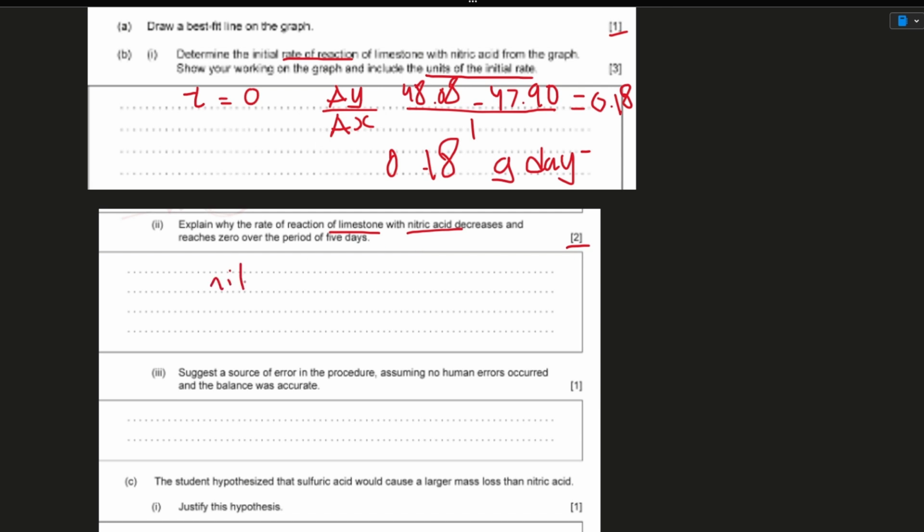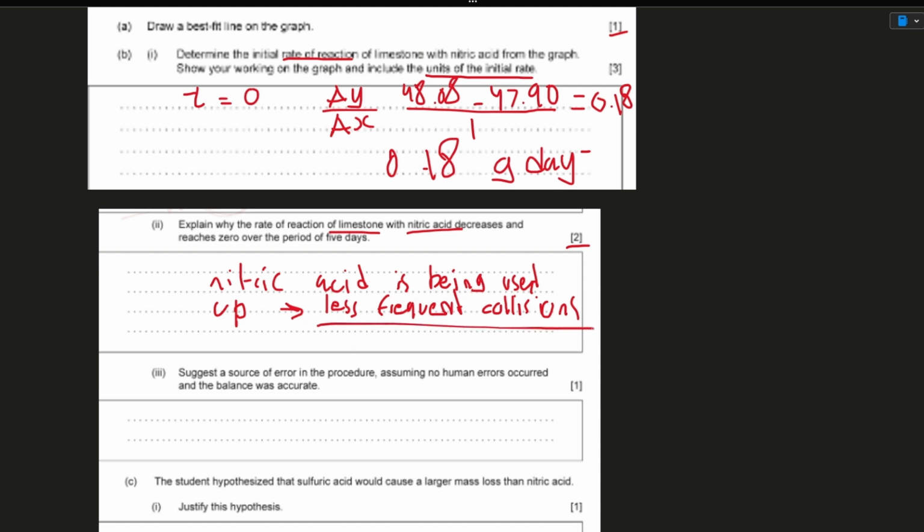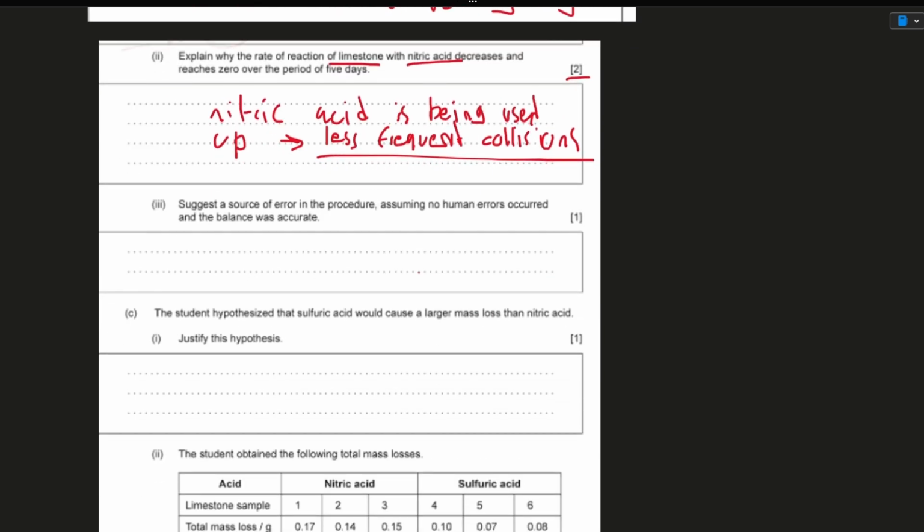So you can say nitric acid is being used up, which also means it's the limiting reactant, which therefore leads to less frequent collisions, obviously. Anytime there's a question with 2 marks that you seem to struggle in, go on and write less frequent collisions as your second point; it usually gets you the mark.